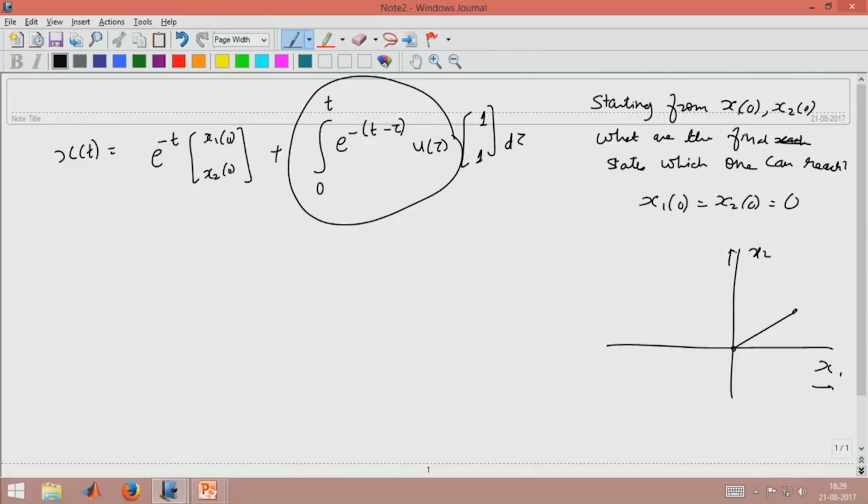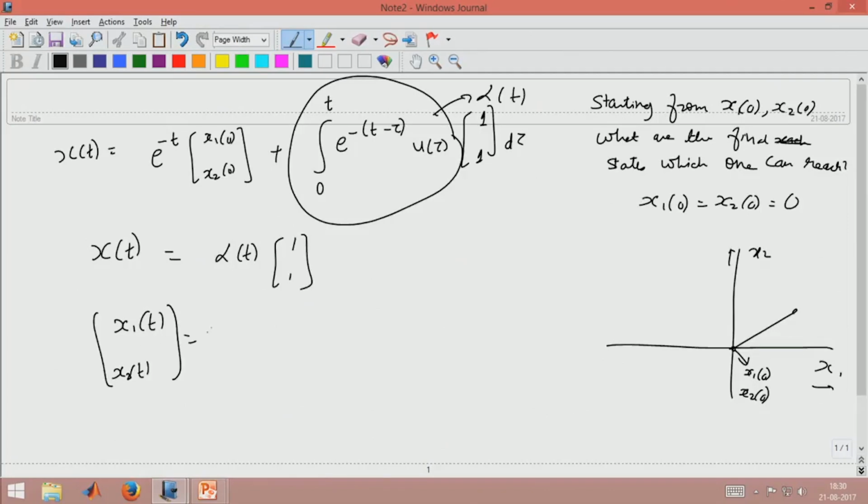Okay. So my solution, all possible places where I can go starting from my initial condition x1 naught, x2 naught: x of t is some function, let me call this alpha t, times 1, 1. If I write down the vector, this would be x1 of t, x2 of t, both at the same value, alpha t, alpha t.